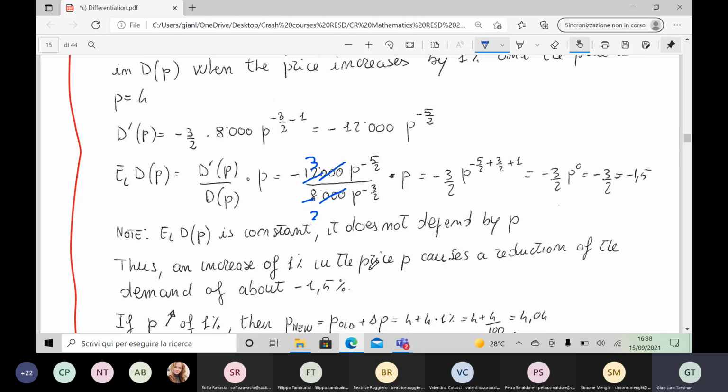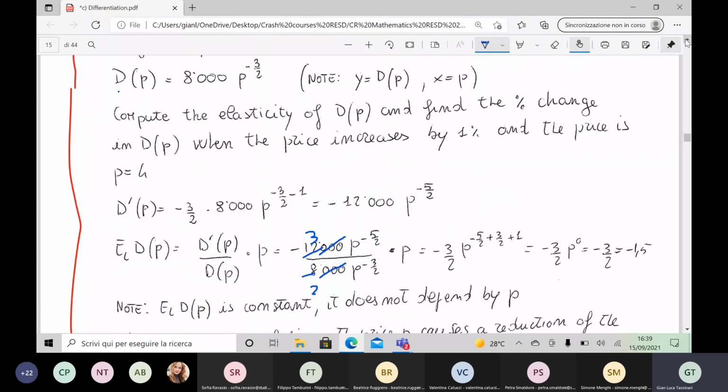So this estimate, pay attention guys, okay, I know you are dying, but this estimate does not depend on the current level of the price. Why? Because we got the elasticity is constant. So here I asked you, the question was compute the elasticity, we did it. And I asked you, find the percentual change in the demanded quantity when the price increases by 1% and the price is 4.